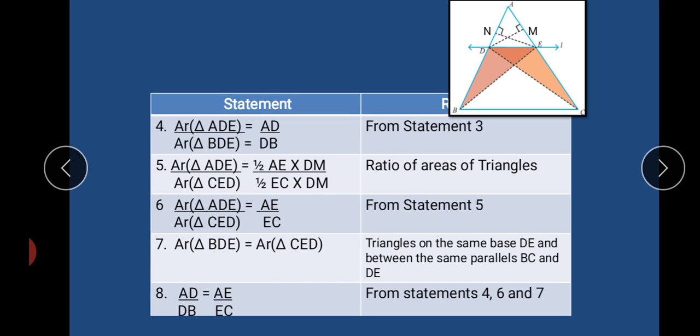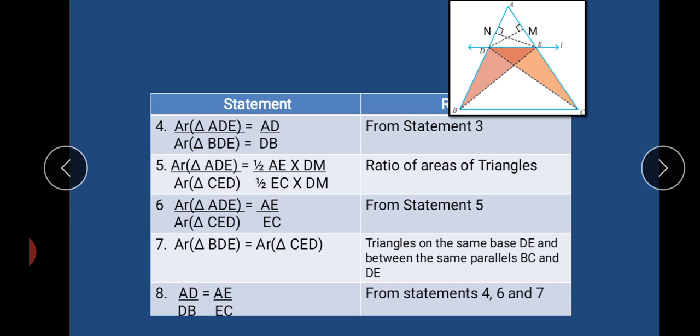You can see in the figure the two colored triangles, and both triangles are on the same base, that is DE, and between the same parallels, that is BC and DE. Since the base is common and heights are equal because they are between the same parallels, as a result their areas are equal.